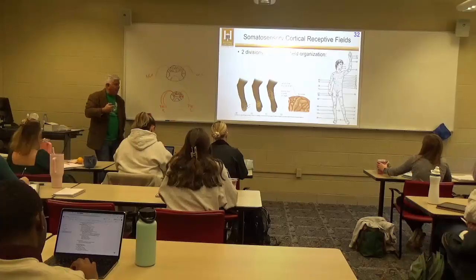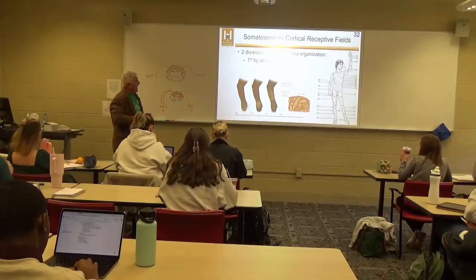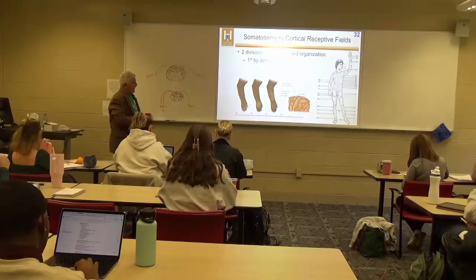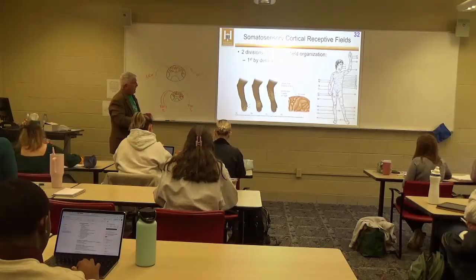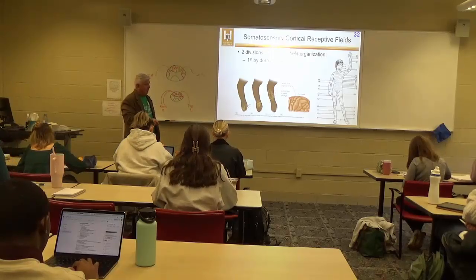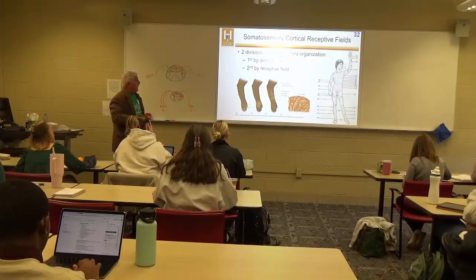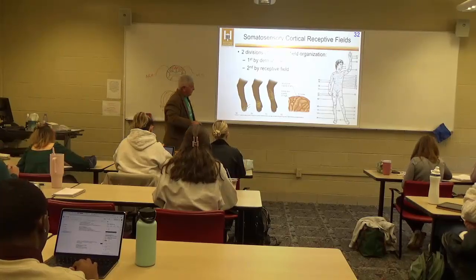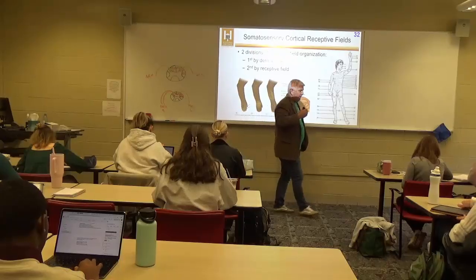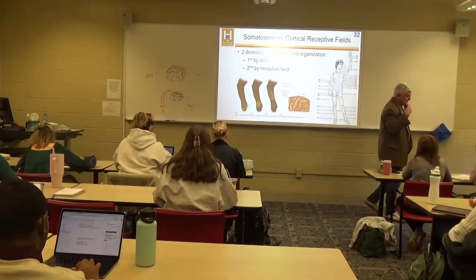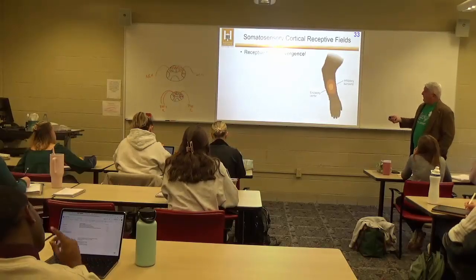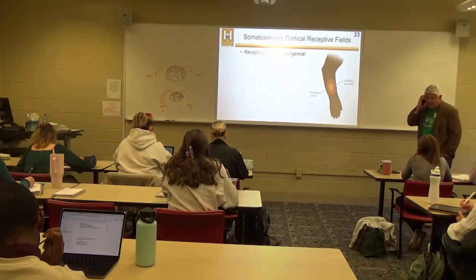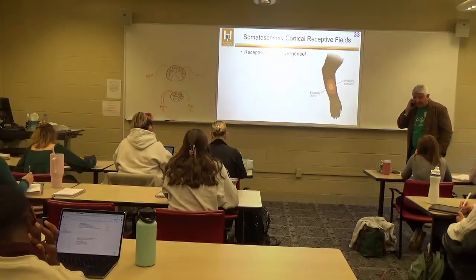So when we're looking at these cortical receptive fields, right, we have two different layers. We have the number of receptors in the periphery, whether they're small and dense and non-overlapping or large and overlapping, coming in by dermatome. And then we have it based on receptive field. And these receptive fields use the same principles. We still have to have convergence.